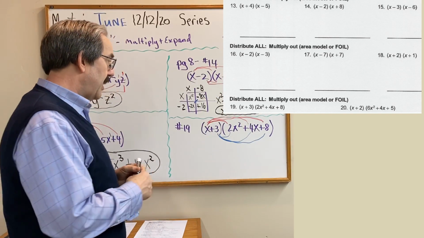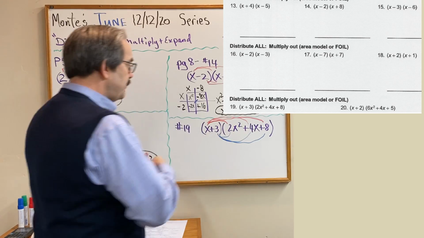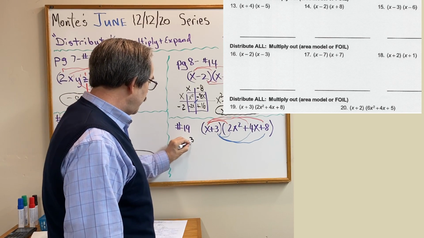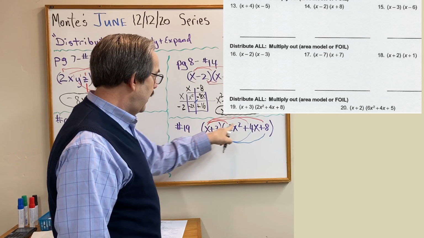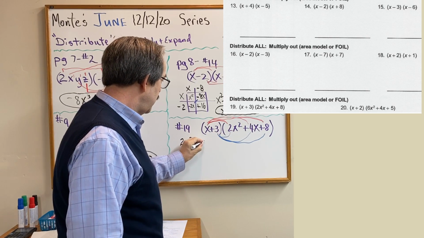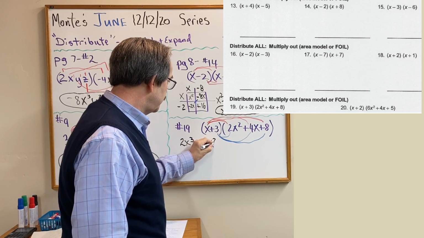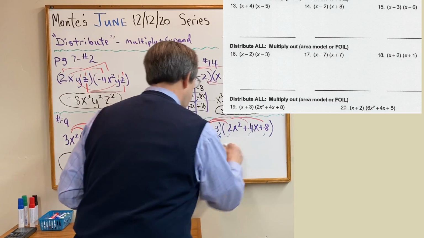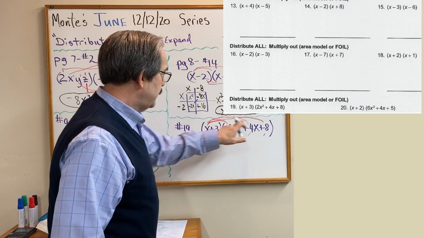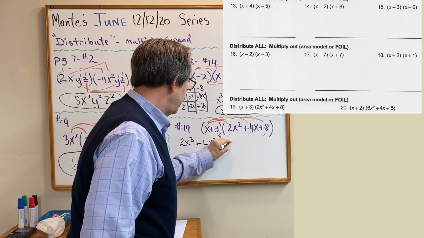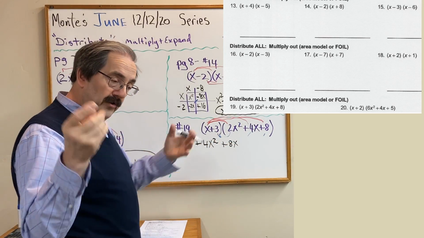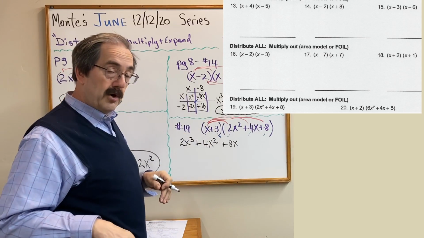Check this strategy out. x times 2x squared, 2x to the third. x times 4x, 4x squared. x times 8, 8x.